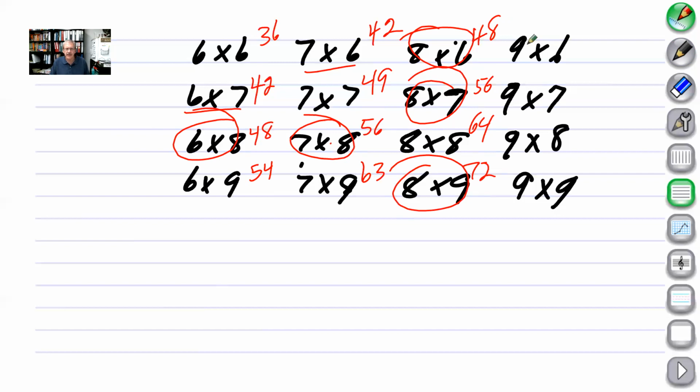So you got 9 times 6, 54. 63, these are added up to 9, 72, same thing here, and 81. Notice another thing, I just thought of it right now. That these always start out one number less. There's a 6 and it starts out with a 5. Here's a 7, starts out with a 6.